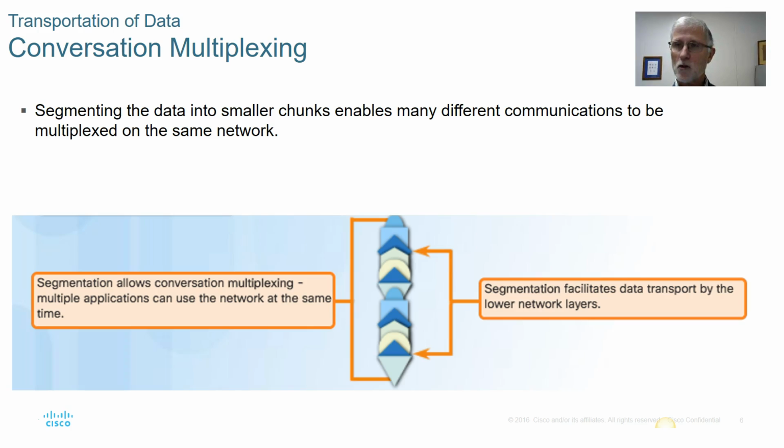So it's got to make choices as to who gets access to the network, so to speak. So I'm dividing the data into smaller chunks, interleaving them together, and keeping track of that. So the segmentation allows me to multiplex, which means putting multiple things in the same path.